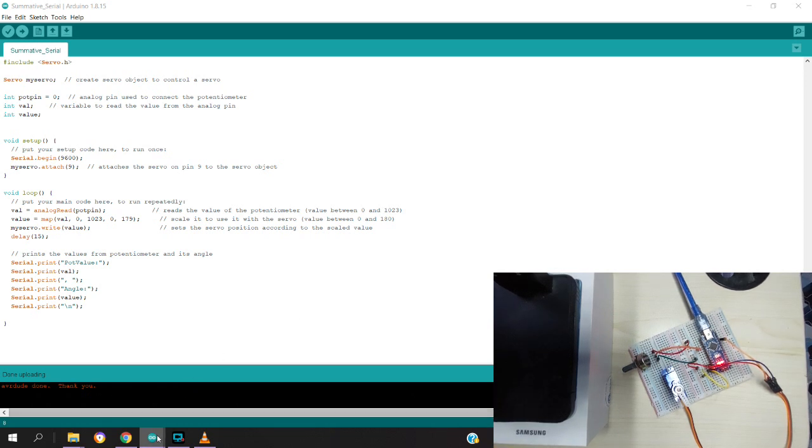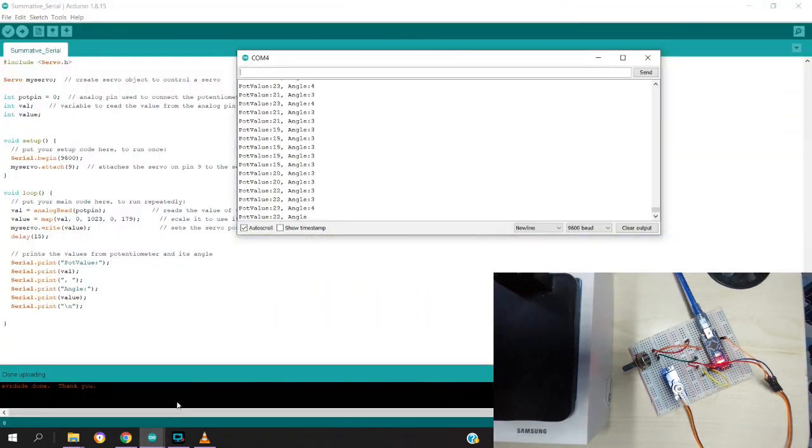So as we can see, the lowest value detected is around 3 or 4 degrees with a potentiometer value of around 20 to 23. So let's try to have an angle of around 20.